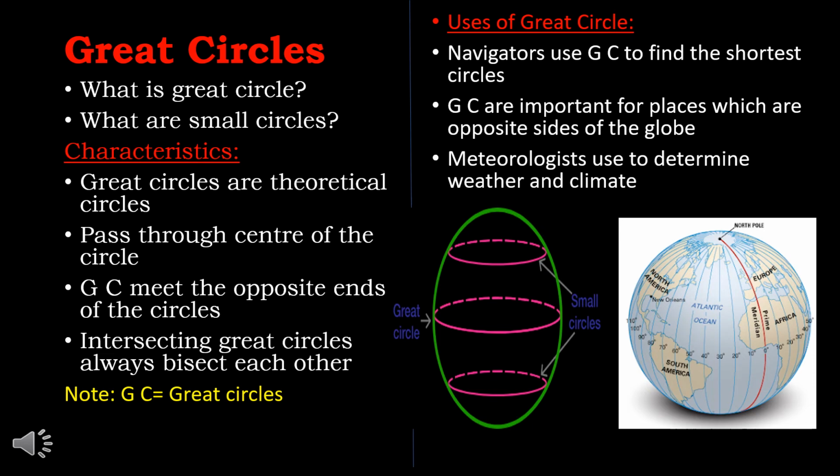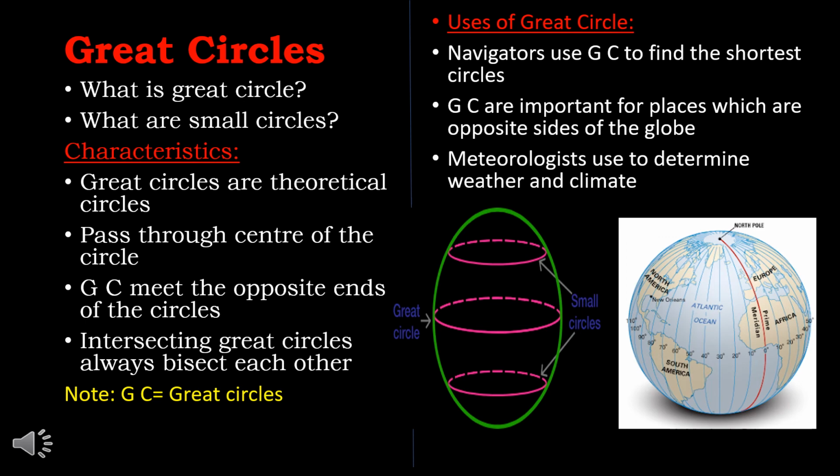Circles which do not pass through the center of the earth are small circles. All parallels of latitude other than the equator are small circles. So all longitudes are also called a part of the great circle because longitudes pass through the center of the earth.